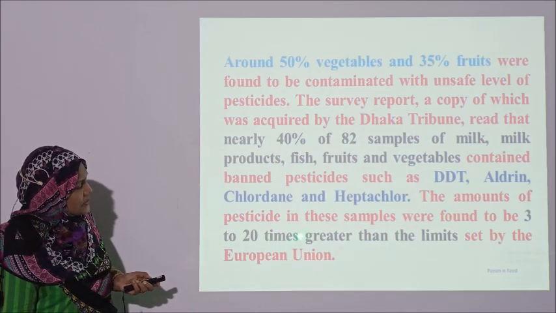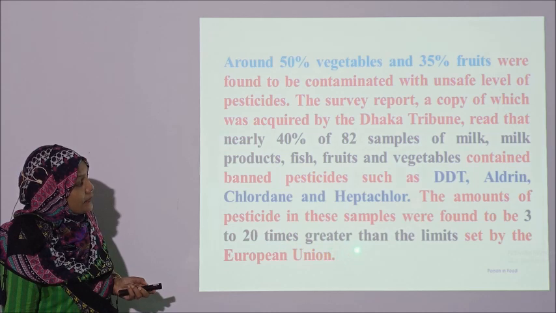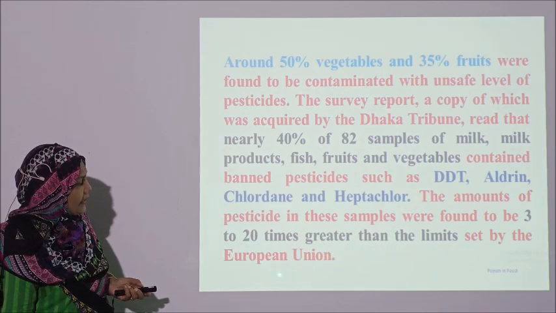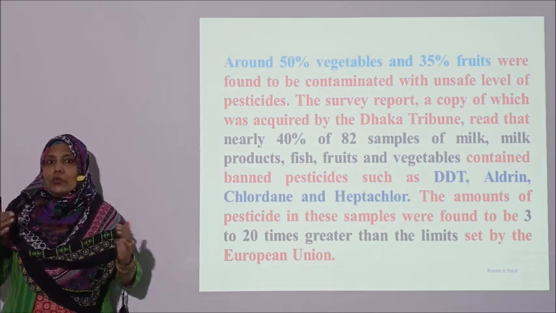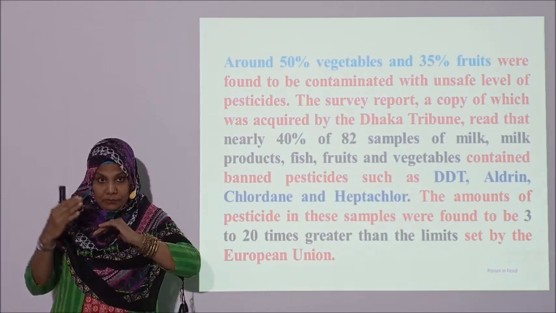The amounts of pesticides in these samples were found to be 3 to 20 times greater than the limit set by the European Union. You know, we are under the control of the European Union and BSTI.